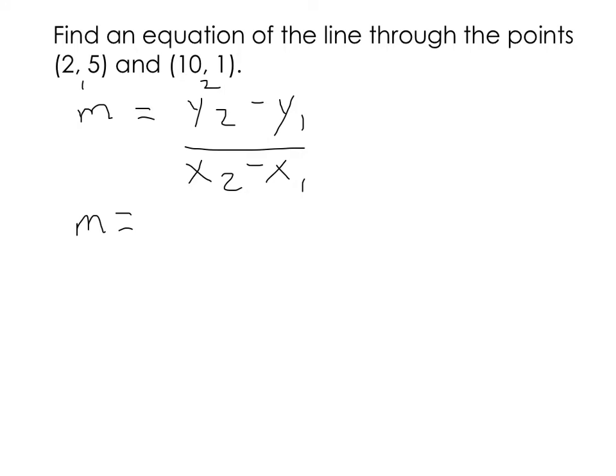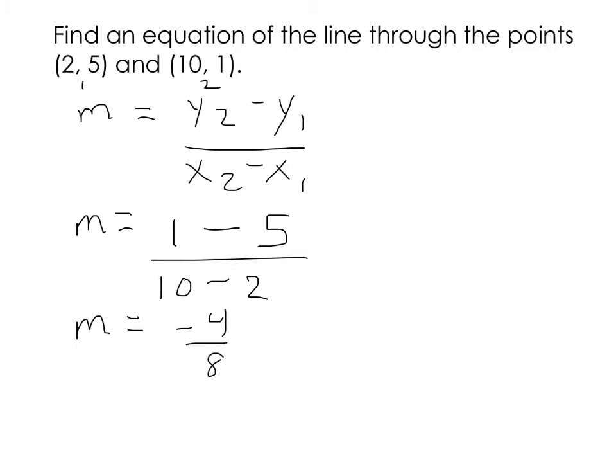And so we substitute our y values, 1 minus 5 over 10 minus 2. That will give us that the slope is -4 over 8, -1/2. So our equation will be y equals -1/2 x plus b.